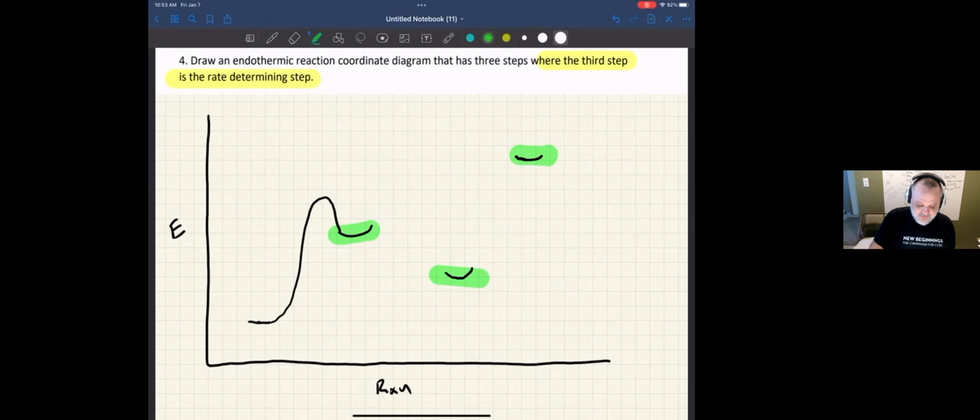We know that this is the first step. This is the second step. And this is the third step. Let's just be consistent. And we know that the activation energy of step 3 needs to be the largest. And so I've already arranged this so that we'll kind of have that work out for us.